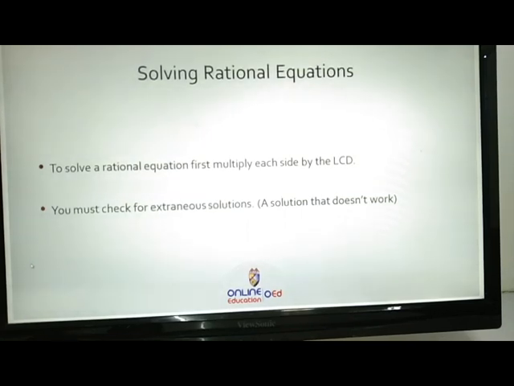Okay, so to solve rational equations, first multiply each side by the LCD. Okay, you must check for extraneous solutions, or a solution that doesn't work.